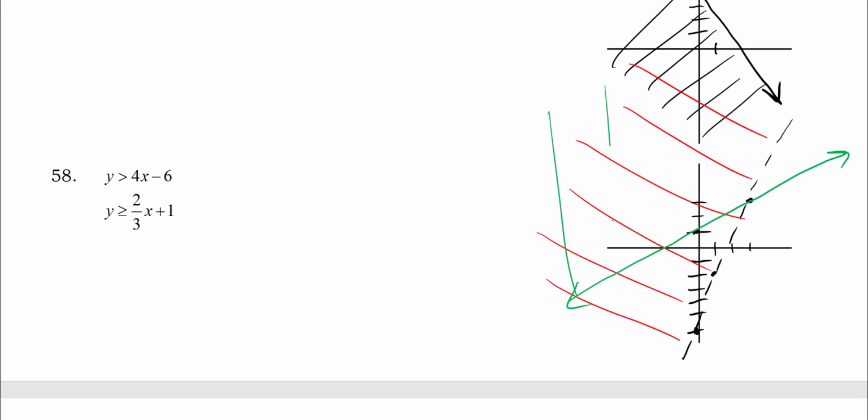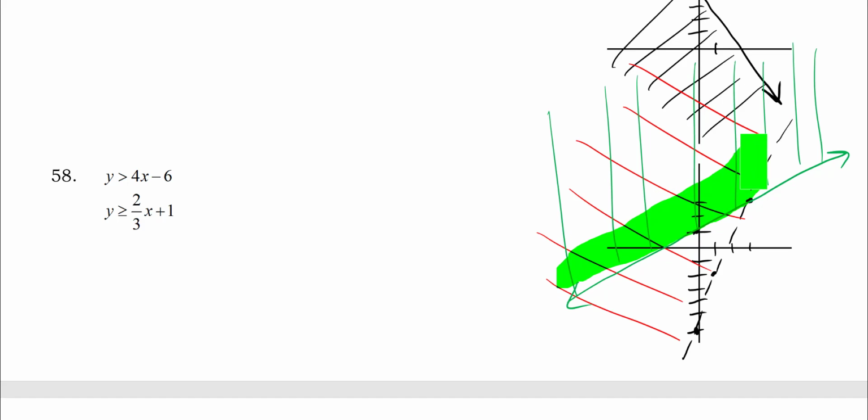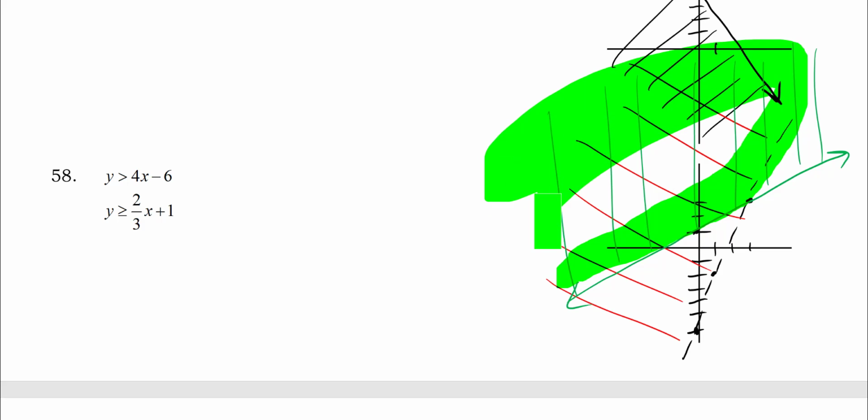So I'm going to shade above as well. And wherever it overlaps, which is right starting here and here, this is all the solution to that problem. Okay? So that's what you have to know.